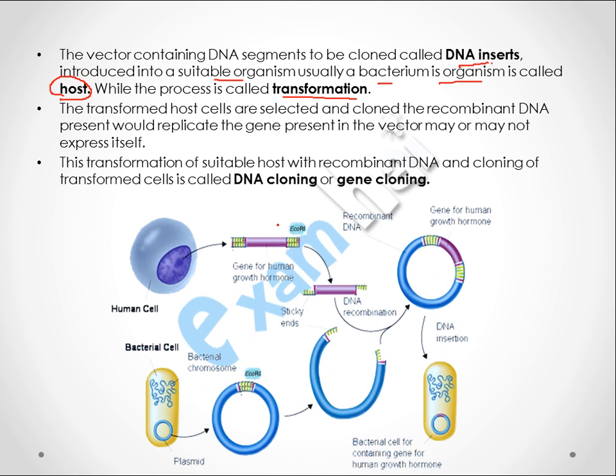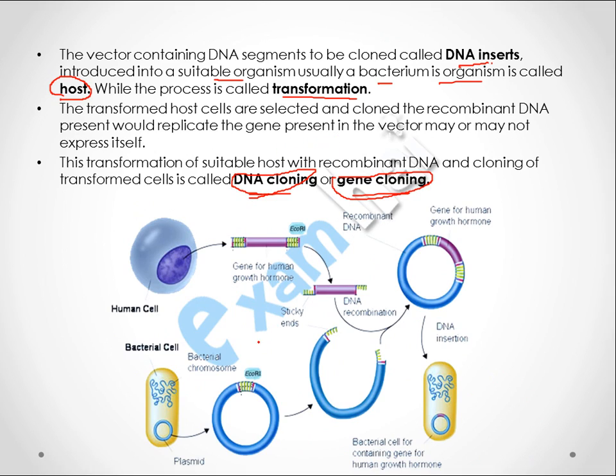This transformation of a suitable host with recombinant DNA and cloning of the transformed cell is called DNA cloning or gene cloning. So this whole process is called gene cloning, DNA cloning or recombinant DNA technology.